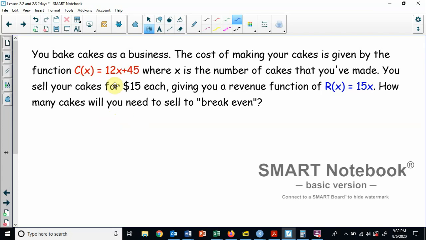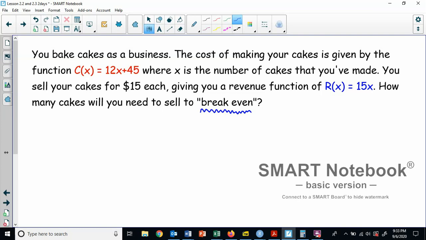So first, does anybody know what cost is and revenue is? Cost is how much money you're spending to do things, and revenue is how much money you're bringing in. So what we would like to do is ask when you break even. For instance, if you start a business, it usually costs money. Like you have to buy the ingredients for the cakes, or you have to buy an oven, or you have to buy electricity, or you have to buy, I don't know, a chicken to lay eggs.